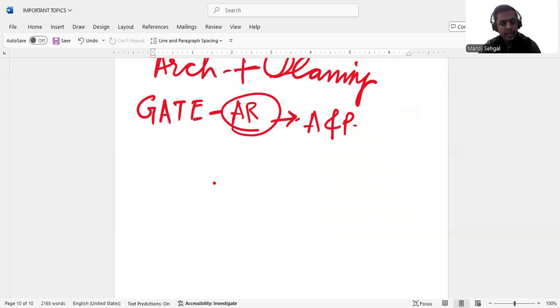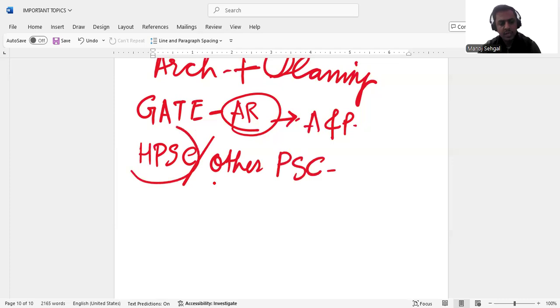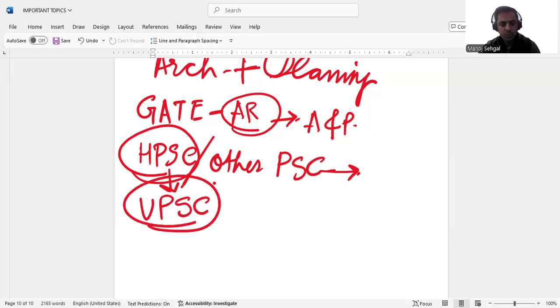There could be the exam of HPSC or other state Public Service Commission exams. HPSC is the Haryana Public Service Commission. And then there would be the national level exam, which is conducted by UPSC, which is the Union Public Service Commission.